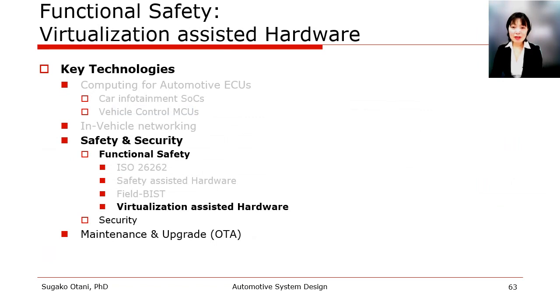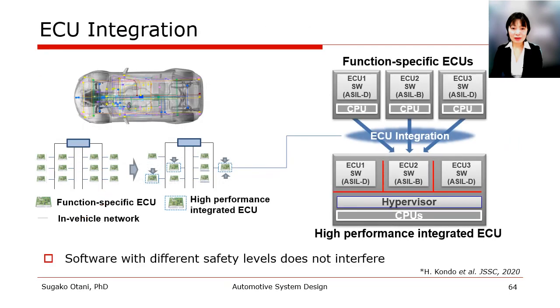Next, I will mention virtualization-assisted hardware. Integration of multiple electronic control units (ECUs) reduces vehicle weight by deleting the wire harness between the ECUs used for the in-vehicle network, resulting in energy savings. This ECU integration leads to microcontroller unit, MCU, integration.